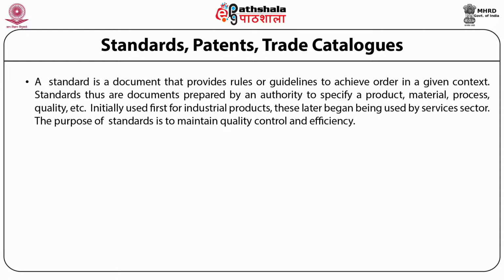The purpose of standards is to maintain quality control and efficiency. Standards provide guidelines for standardization in products and activities. Standards also enable us to exchange products or services with other organizations.